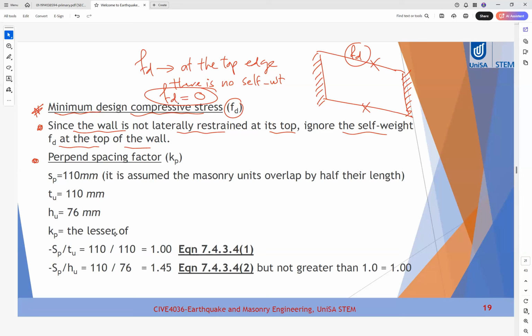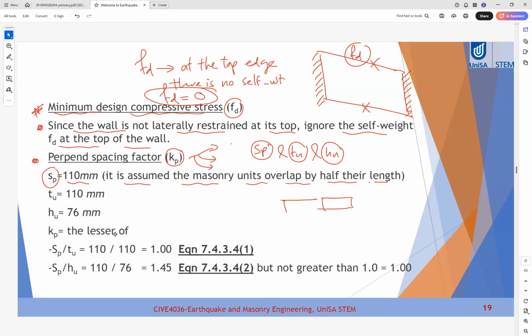Next is the bend spacing factor KB. We have three values, if you remember from the calculation, and they depend on three parameters: SB, TU and HU. SB is 110. It is assumed that the masonry units overlap by half of their length.